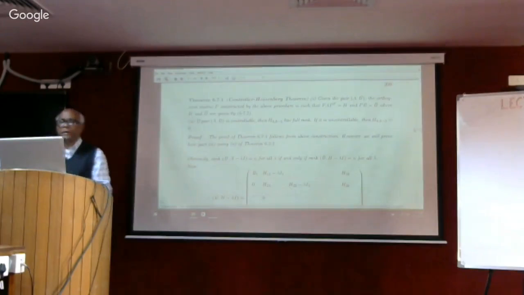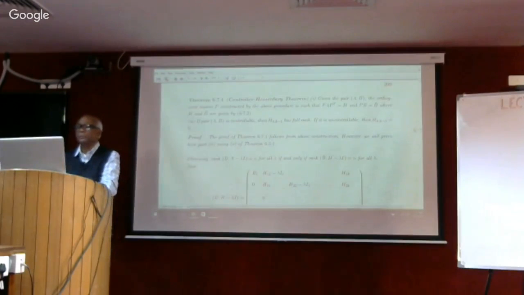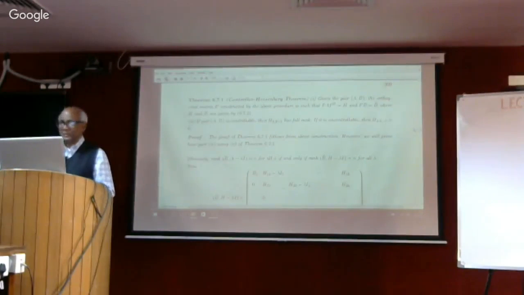So here is what I'm trying to tell you. Given the pair A, B, we can always construct an orthogonal matrix P, and there is an algorithm to do that, in such a way that PAP transpose is a matrix H, which is a Hessenberg matrix but in block form. It's called a block Hessenberg matrix.